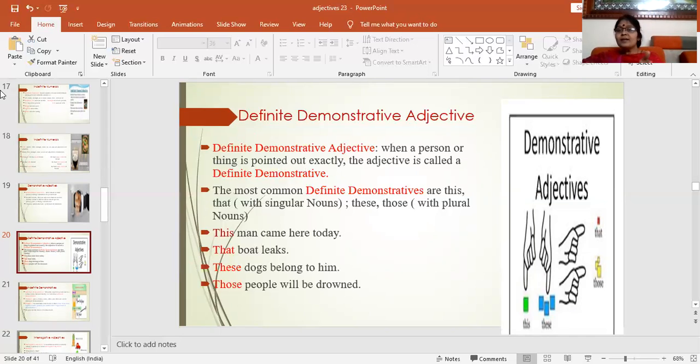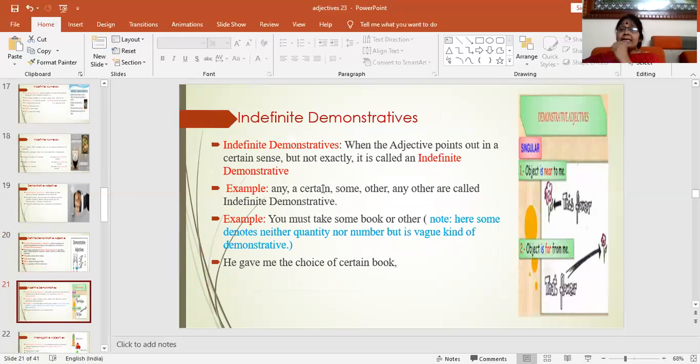And in plural, these books, these boys, those books, those boys. So when a person or thing is pointed out exactly, that adjective is called definite demonstrative adjective, right? Clear?